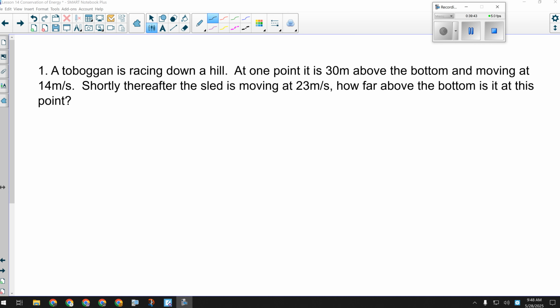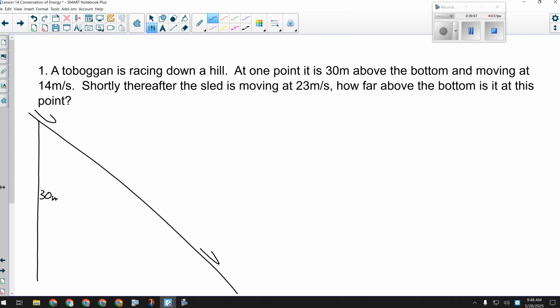All right, so a toboggan is racing down a hill. Here's our hill, here's our toboggan. At one point, it is 30 meters above the bottom and moving at 14 meters per second. Shortly thereafter, the sled is moving at 23 meters per second.